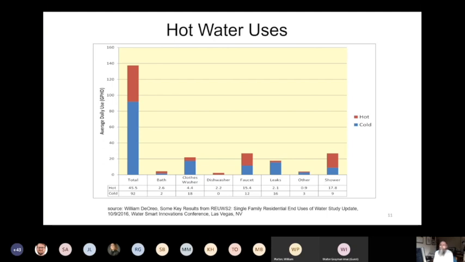In the US, and probably Canada too, we hook dishwashers up to hot water only, no cold water, which is different in other places. Faucets are about half hot, half cold. Showers are predominantly hot with a mix of cold to keep it the right temperature. The clothes washers, some are set to all cold, some still have some hot water use. Next.